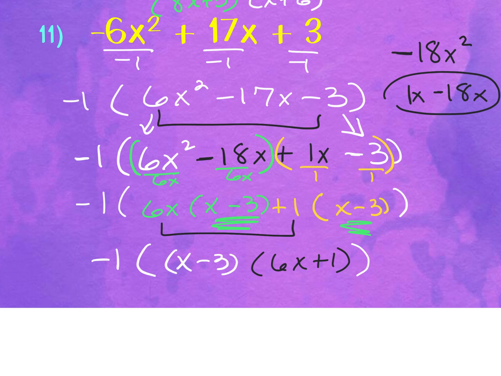That's basically what you have to do when you factor completely, is you're looking always for a GCF first, and then you factor what remains. However, the only thing you'll have to know as far as factor completely is when it's a difference of two squares. So this is it for the trinomials.